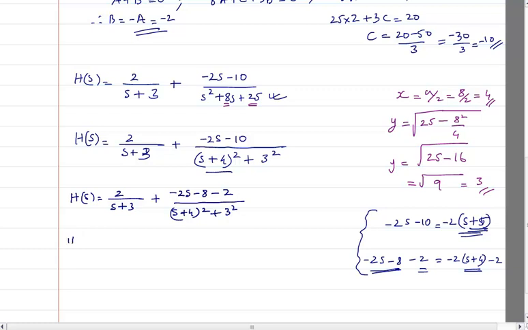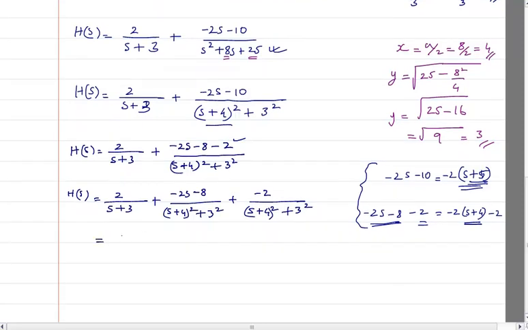This I can split up. This is where the interesting part comes. 2 divided by s plus 3 plus, now I am going to take minus 2s minus 8, and I am going to write in the denominator s plus 4 square plus 3 square, and here I am going to write the second split case with minus 2, so minus 2 divided by s plus 4 the whole square plus 3 square.